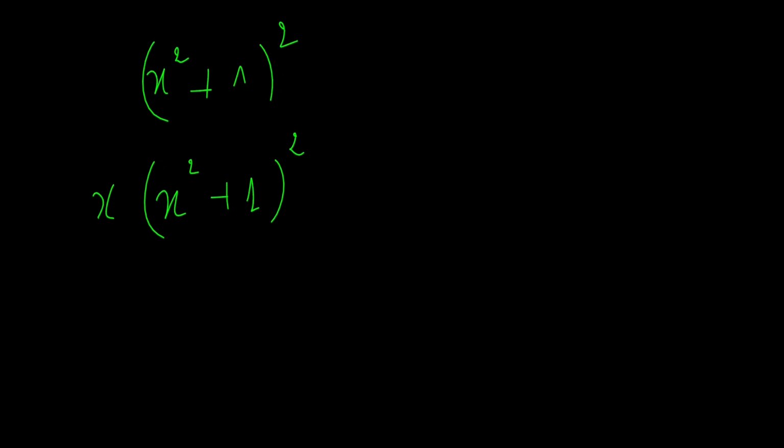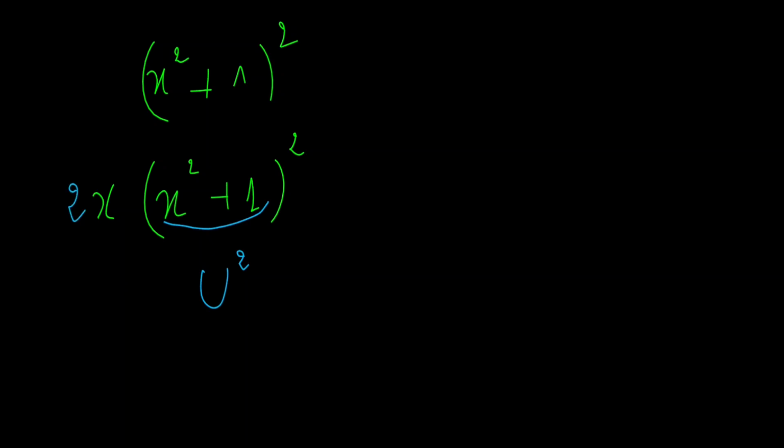Here, to find an antiderivative of these functions, let's look at the second function. Here we have a function, let's note it u squared, with u prime equals 2x.